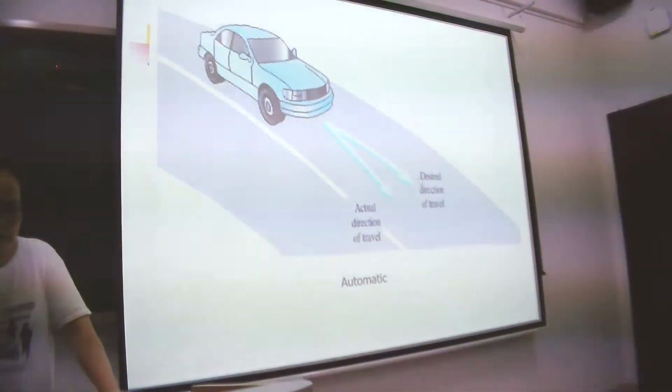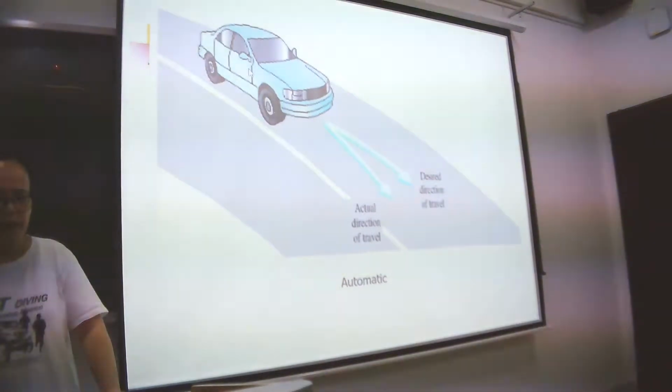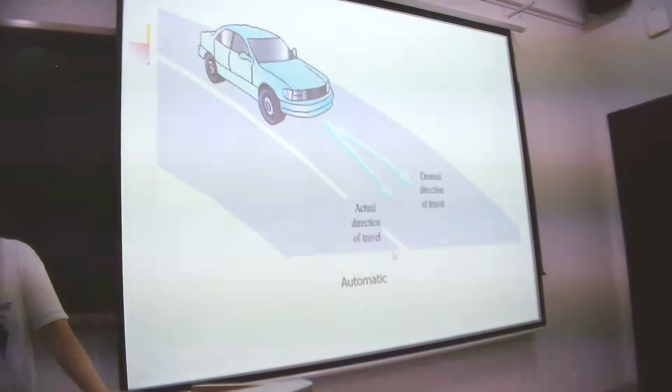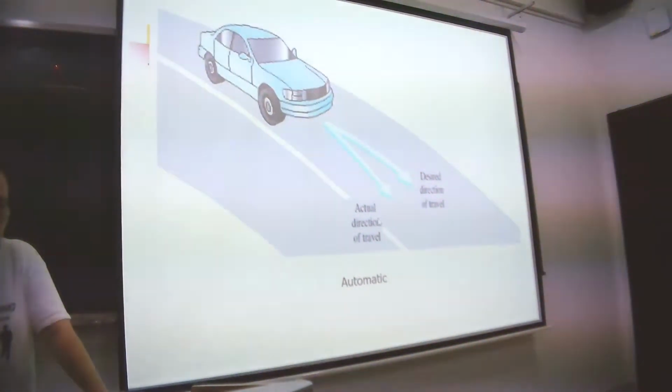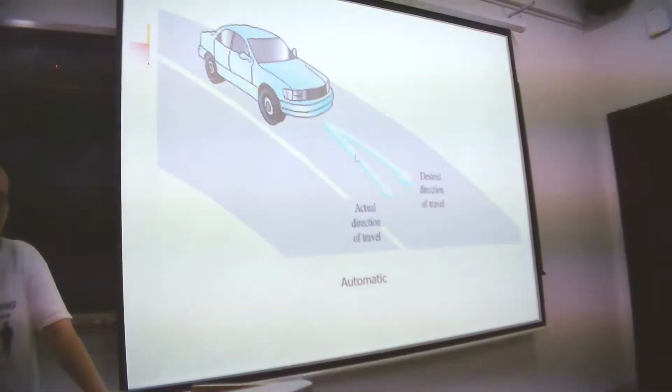Now we can see when the car is running on the road, there is a desired direction of the trail, and another is the actual direction of the trail. Now, if the actual direction of the trail is not the desired direction of the trail, there is the error.